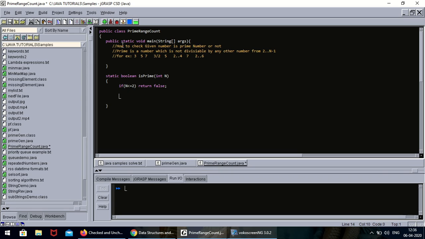For int i equal to 2, i less than n, i plus plus. If that number is divisible by i, that is n modulo i equal to 0, return false. Otherwise, return true.